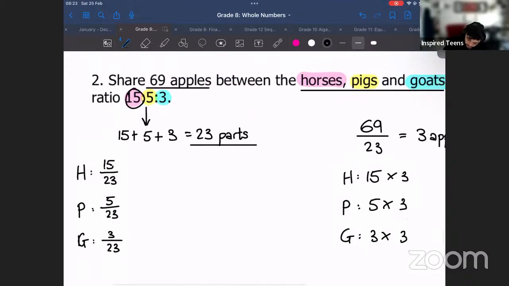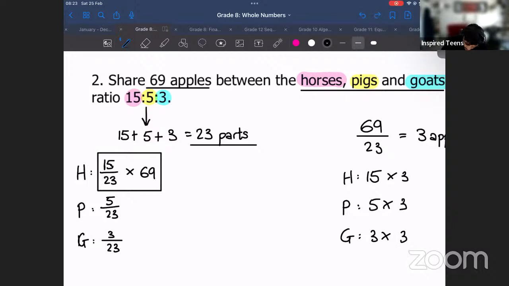Taking this ratio, dividing it by basically the total ratio when I add them all up, and I'm multiplying it by the total. So this is basically giving me a calculation that's going to get me the value of the share of horses, because they need 15 shares out of 23.